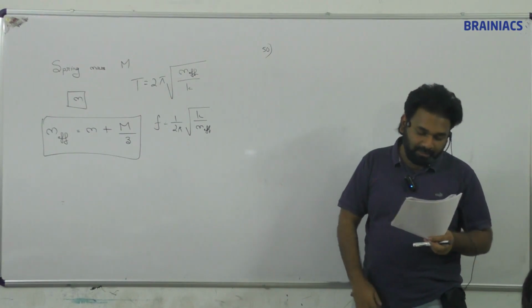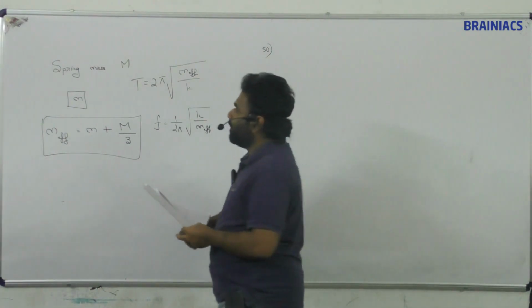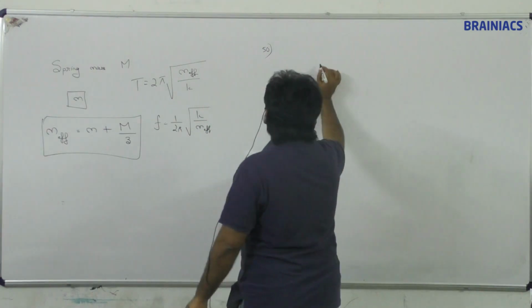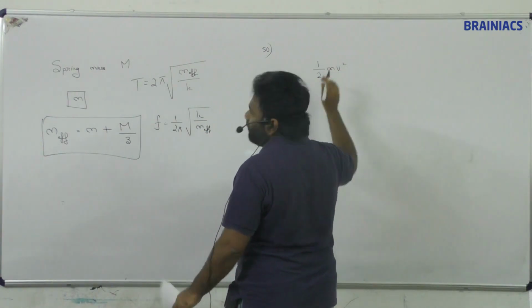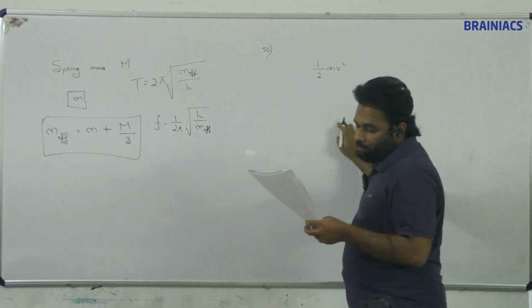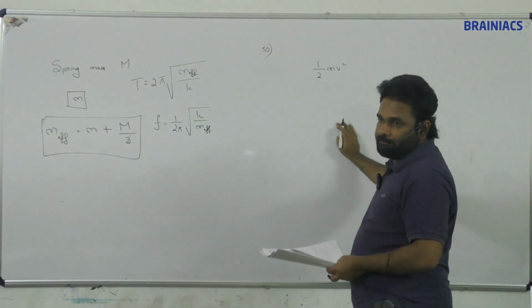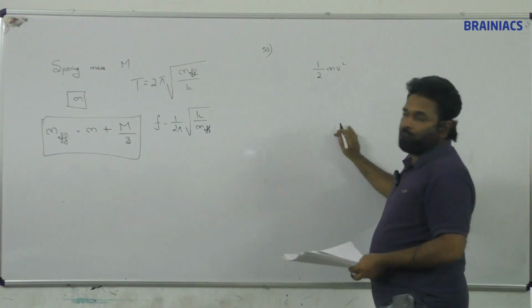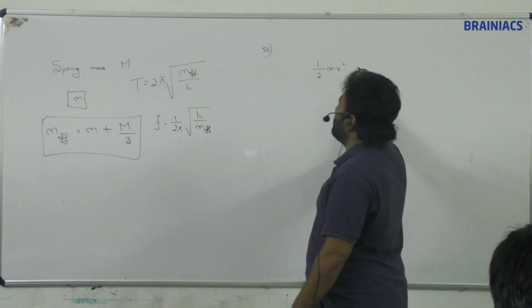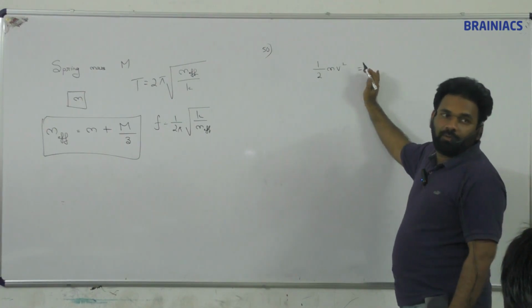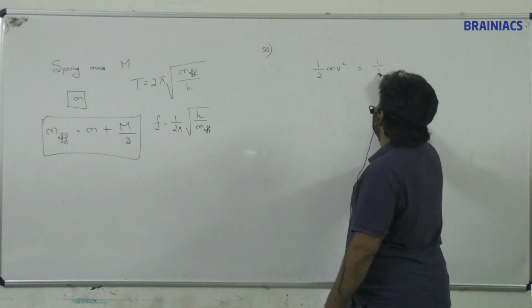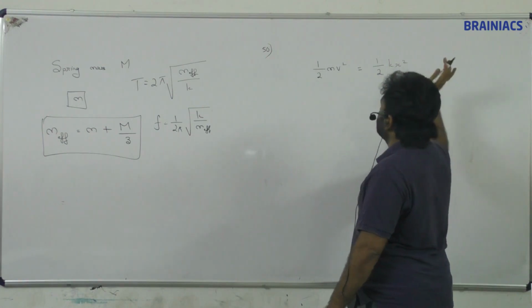At the mean position it will have energy half m v square. If you look at the options, they are asking for displacement only. So half m v square is the kinetic energy, and it will be converted into potential energy, half k x square.